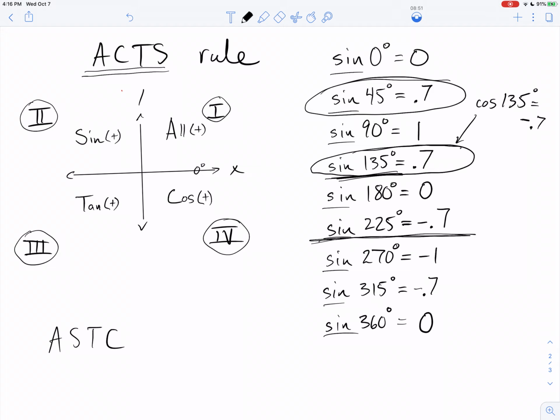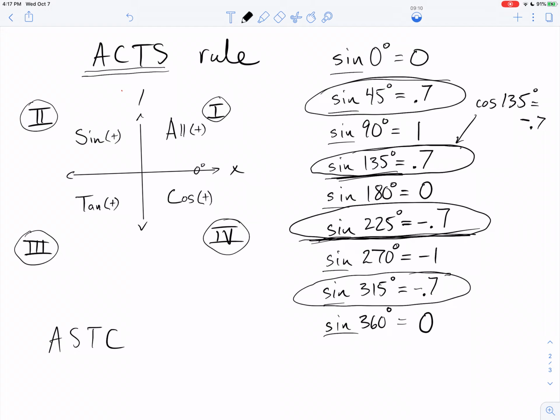So once I get into quadrant 3 here with this 225-degree angle, before I even punch it in on my calculator, I know that it's going to be a negative answer. Just like a 315-degree angle will be a negative answer.